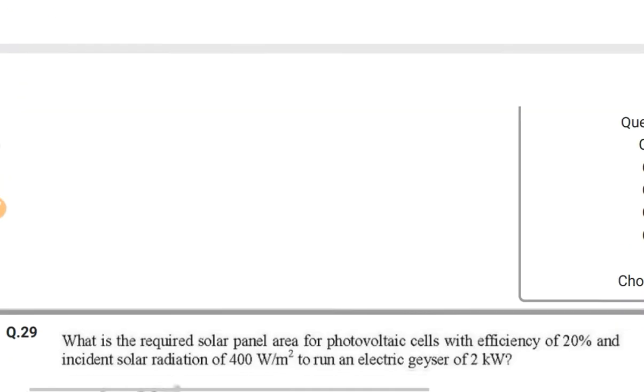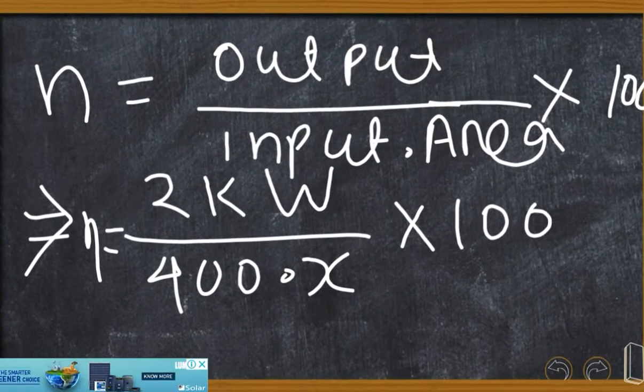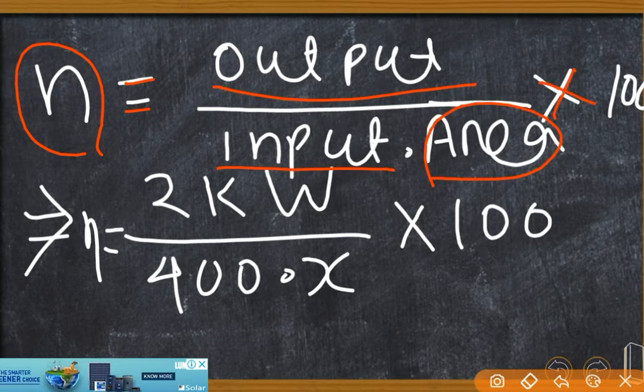Next question. What is the required solar panel area for photovoltaic cells with efficiency of 20% and incident solar radiation of 400 watt per meter square to run an electric geyser of 2 kilowatt? For this problem, we can utilize one formula: efficiency of the solar panel is equal to output divided by input into area of the solar panel, into 100.